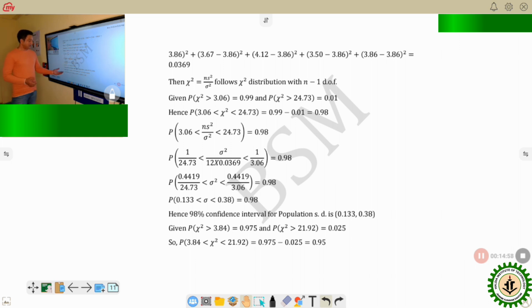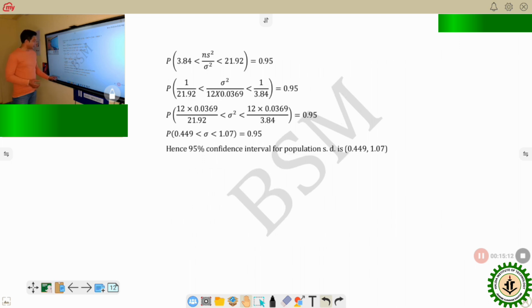And similarly, you can find the 95% confidence interval of these data, with 0.975 and 0.025. So subtracting, you will get 0.95, and the same thing, n s square by sigma square. Keep the sigma square in the middle and distribute it to the left and right side. So you will get the 95% confidence interval.